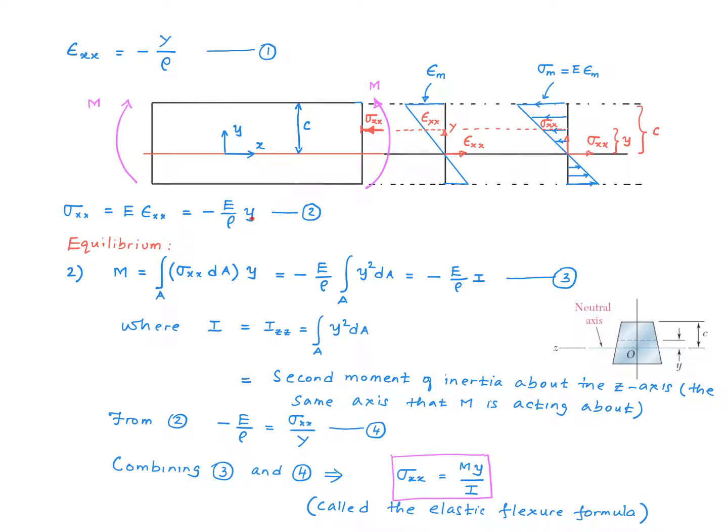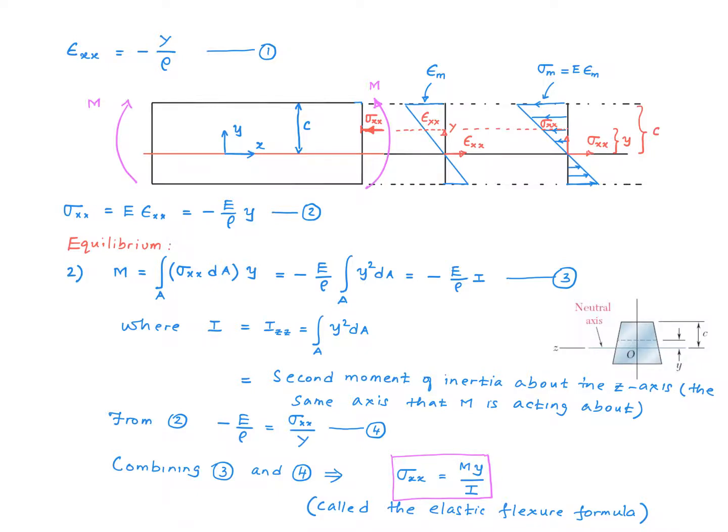Now once again, using equation number 2, we know this quantity right there, minus E over rho, is simply equal to sigma xx over y, right? So now I'm going to substitute this for this quantity and I get this. In other words, sigma xx equals My over I. This is what is called the elastic flexure formula.